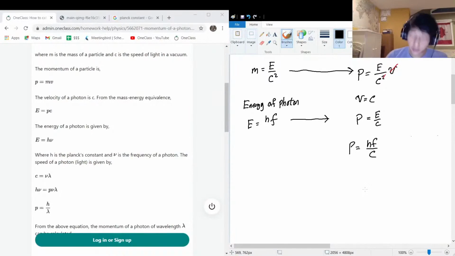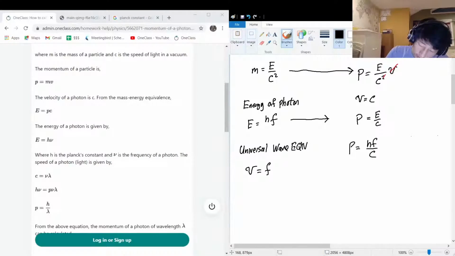And then we know from our universal wave equation that velocity is equal to frequency times wavelength. If we wanted to get the frequency with respect to the wavelength, it's going to be v over lambda is equal to f.